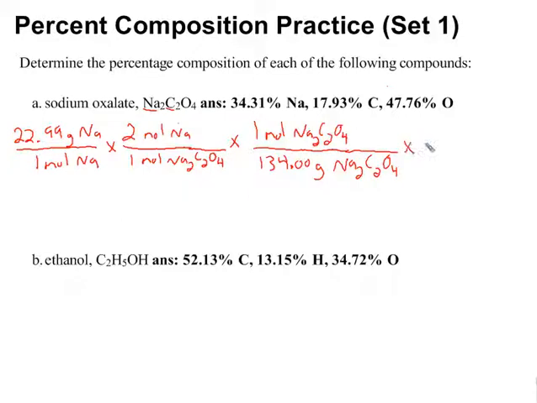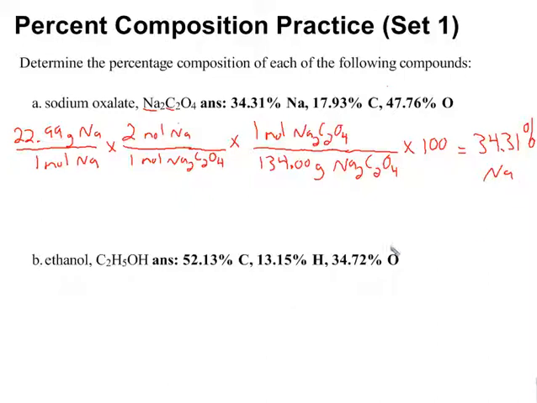Then we multiply the entire thing by 100, because that's going to give us the percent. Even though we did a lot of crazy things, when you take a step back, you basically have a part, which is Na. You have 2 of them, and it's divided by the whole mass. When you put everything in your calculator, you end up getting 34.31% sodium in the compound.